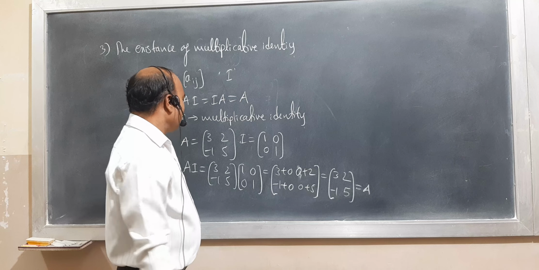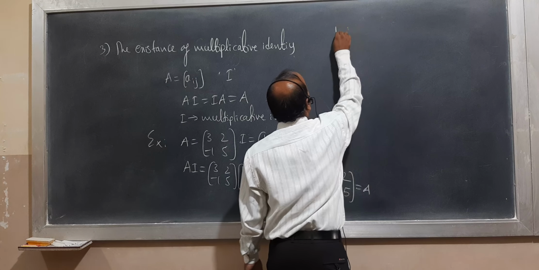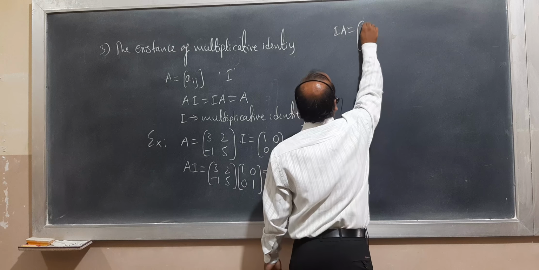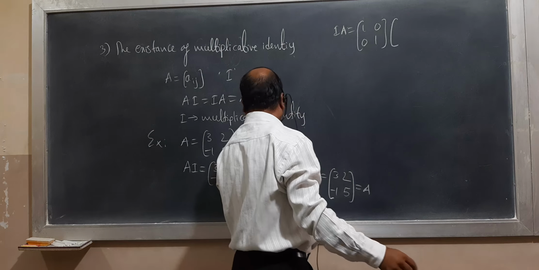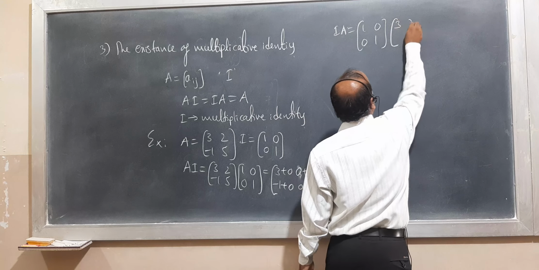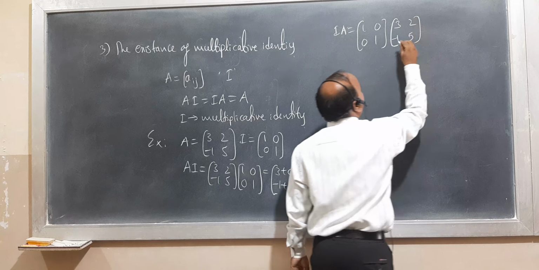Similarly, if you consider I into A, that means [1 0; 0 1] into [3 2; minus 1 5].